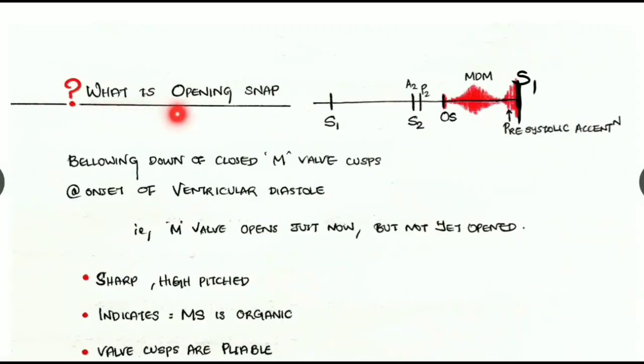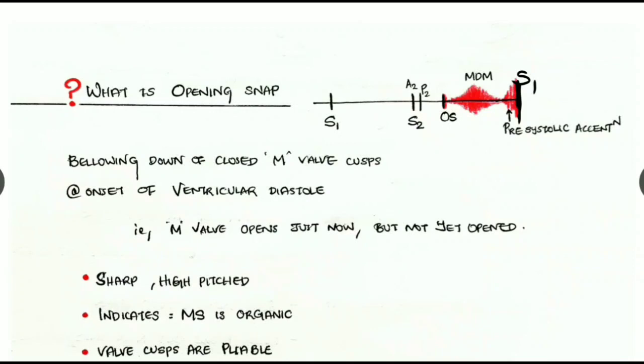Next, we have to see what the opening snap is. Opening snap is the bellowing down of this closed mitral valve cusps, which is at the onset of the ventricular diastole. That is, this mitral valve opens just now, but it has not yet opened. Just assume a situation where you are trying to open a very tightly closed door, a big door which is tightly jammed.